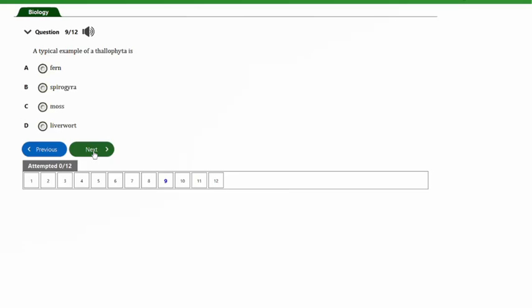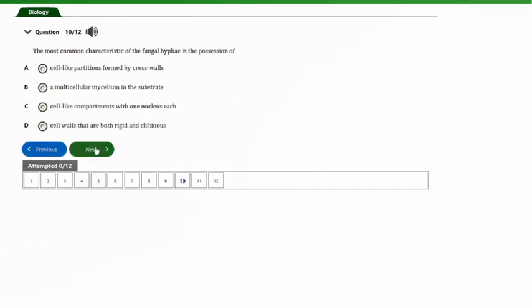For instance, the algae, the fungi, the lichens, and bacteria. So a typical example of the thallophyta, as shown in the options here, is the Spirogyra. That's the option that has a thallophyta here. So guys, let's look at the next question.